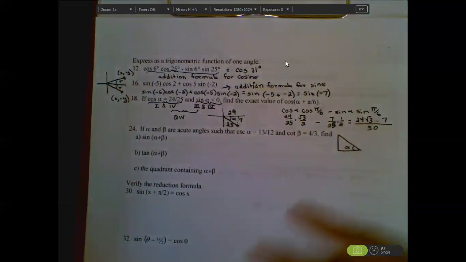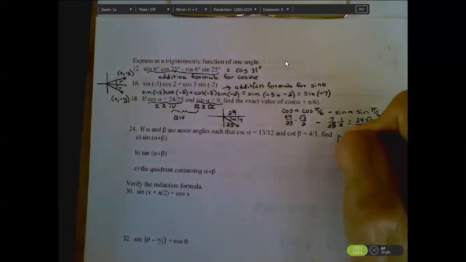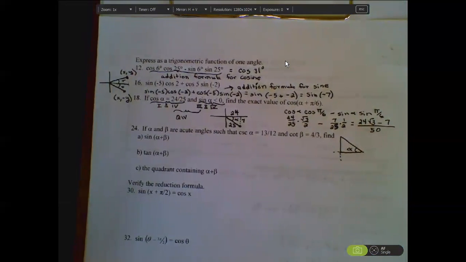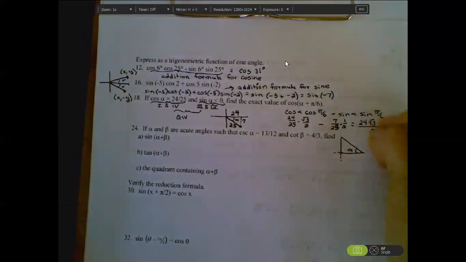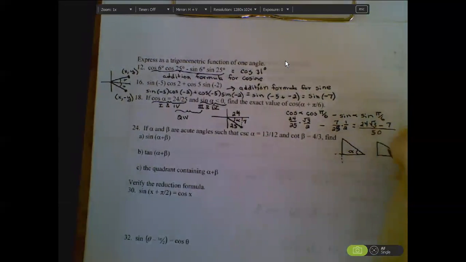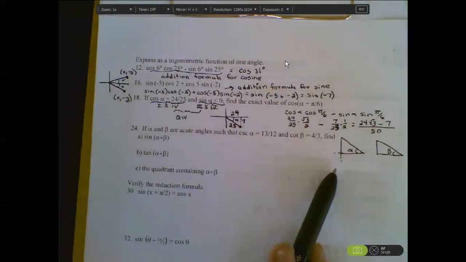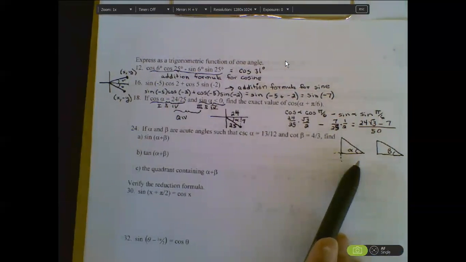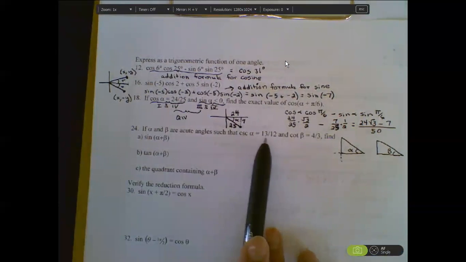Now, I didn't draw my whole Cartesian coordinate system there, but that's my y-axis and my x-axis. So I have some angle alpha, and also in the first quadrant, I have some angle beta. And I just need to label those angles in such a way that cosecant of alpha is 13/12.